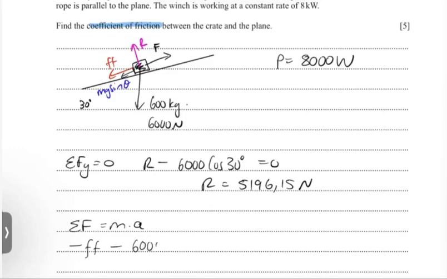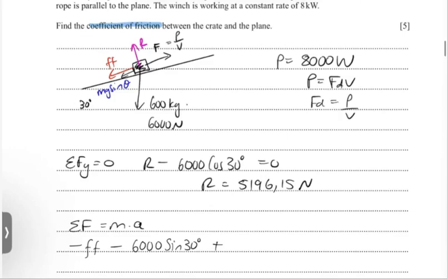So it's mg sine of 30 plus my force pulling my crate up, and I just want to do power is force times velocity, my driving force times velocity. So my driving force is power divided by velocity.